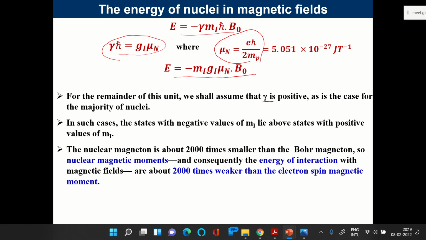Okay, so the nuclear magneton is about 2000 times smaller than the Bohr magneton. This we have seen, and that's the reason you are seeing the frequency is also more than 1000 times different, and the mass also comes into the picture. The energy of interaction with magnetic fields is about 2000 times weaker than for electron spin angular momentum.